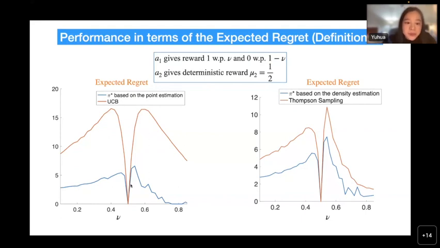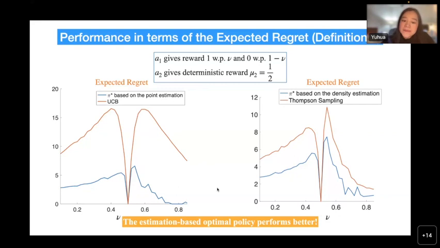The blue line is obtained by our optimal policy based on the point estimation or the density estimation. We compare this expected regret with UCB and Thompson sampling, and we can see we always have lower regret than these two methods.